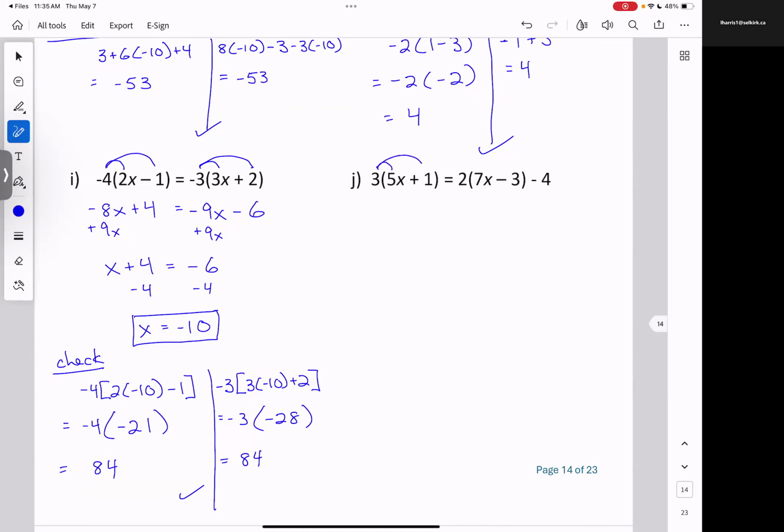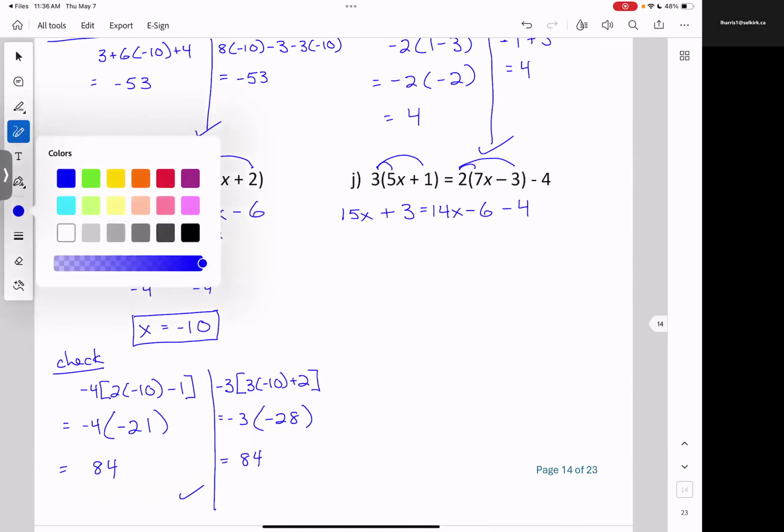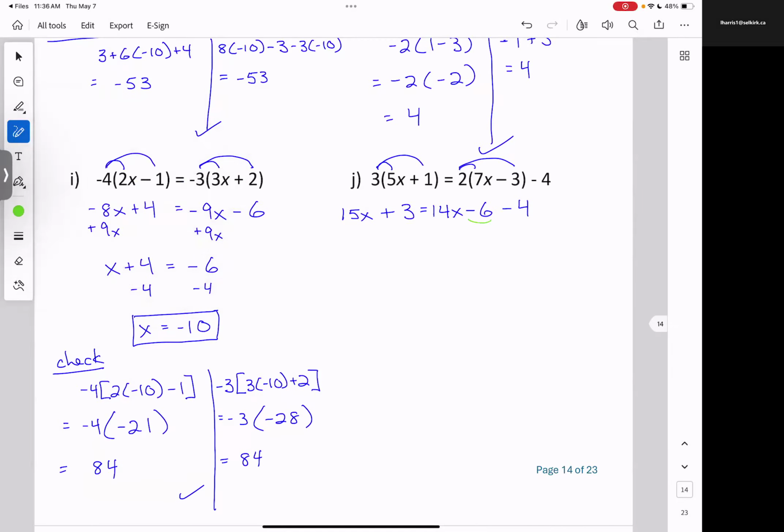So again, we have two things to distribute here. So we'll start by doing that. That leaves us with 15x plus 3 equals 14x minus 6 minus 4. That was step one. Step two is to combine any like terms, and here we have some. These two constants on the right are like.